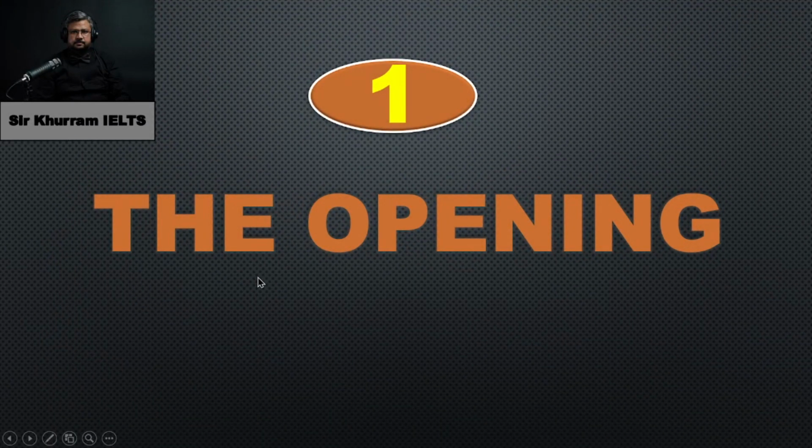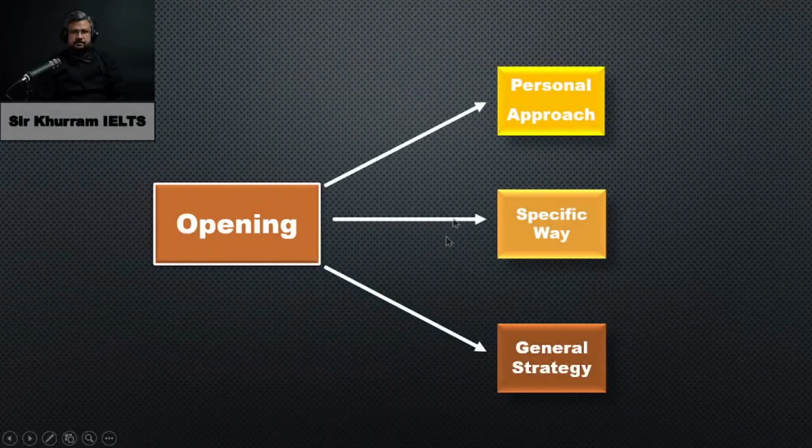The first stage is the opening stage. What does it look like? What happens in the opening? The first phase of your talk, the first phase of your response, is called the opening. Our opening has 3 different approaches. The first is the personal approach. The second is the specific way. And the third is a general strategy.